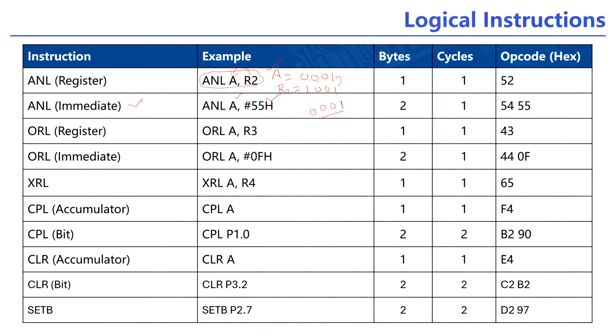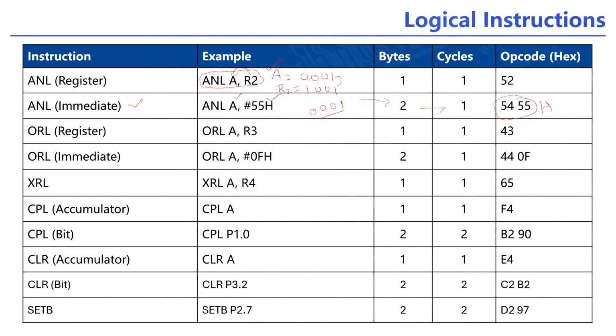The answer will be stored in the accumulator. This instruction is a 2 byte instruction and the execution time for this instruction is one machine cycle. The opcode of this instruction is 5455H.